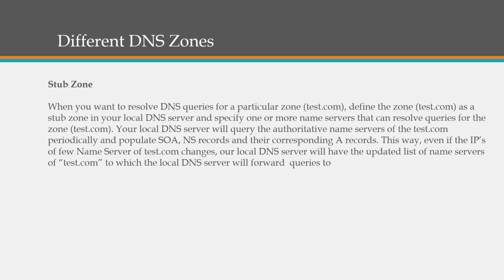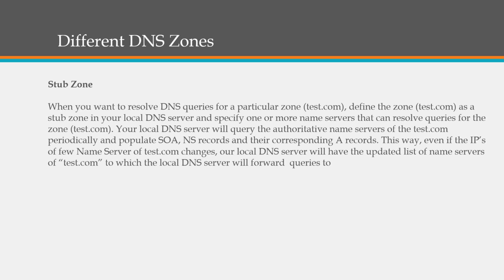Whereas once we configure a stub zone, our local DNS server will periodically query the name servers of test.com and populate the SOA, NS and the corresponding A records. Since our local DNS server has the updated list, whenever a query for test.com comes, it will be able to send it to the name servers which can resolve those queries.